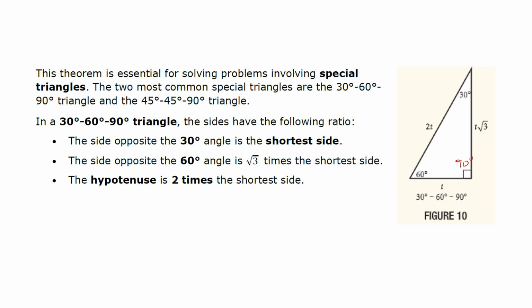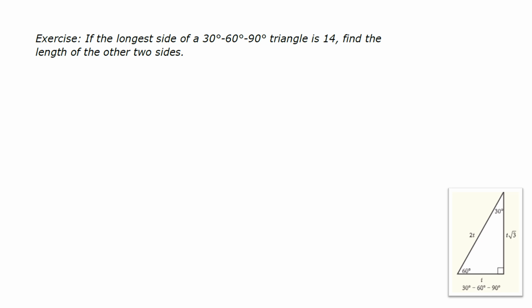So if we're given any of the side lengths in this special triangle, and we know it's a 30, 60, 90 triangle, we can find the missing side lengths. So let's do that. So if the longest side of a 30, 60, 90 degree triangle is 14, find the length of the other two sides.